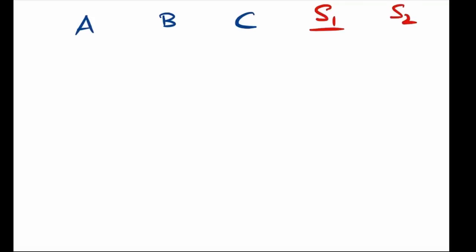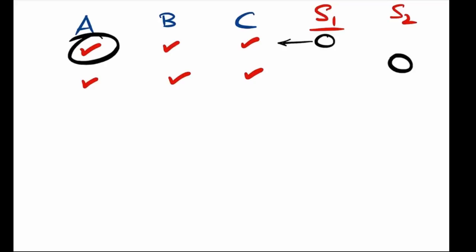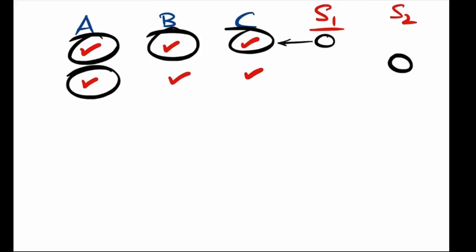Now S1 is giving service to A, B and C, and S2 is giving service to A, B and C. Now what will you do? You will take the cost depending on the ratio in which they have given the service. You will be dividing it between A, B and C. Then again the cost of S2 will be divided between A, B and C.